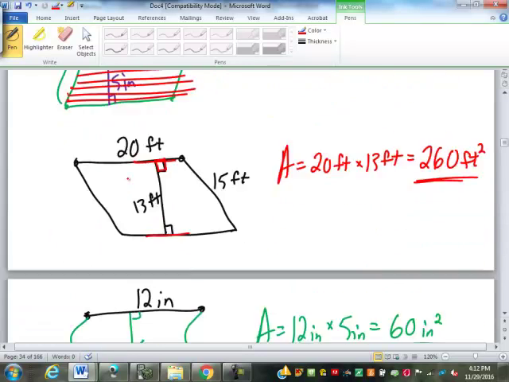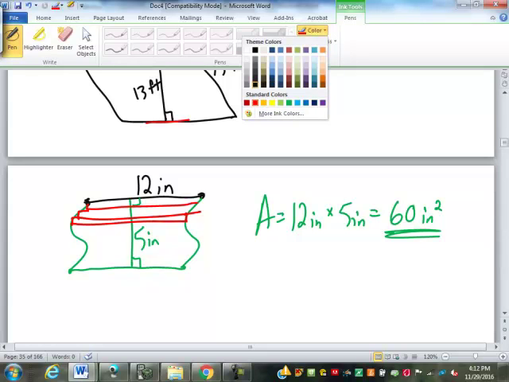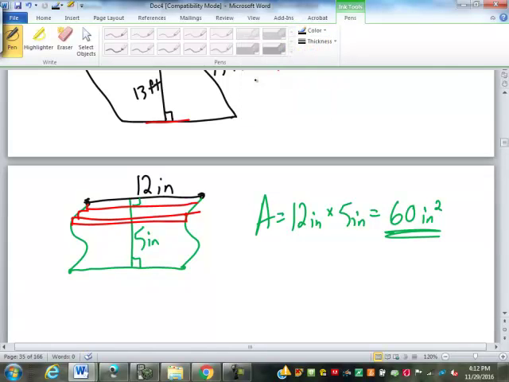The same down here. It's still going to take the same number of those little thin rectangles to stack up to that height, to get that area, even though they're not stacked straight on top of each other. Does that make sense? Not really? Kind of? Okay.